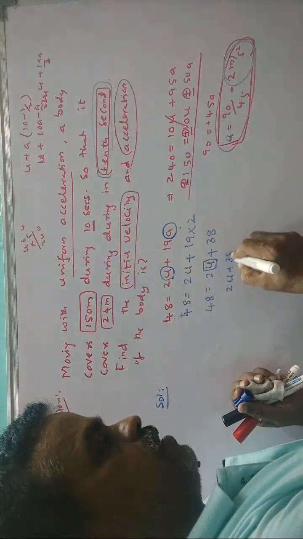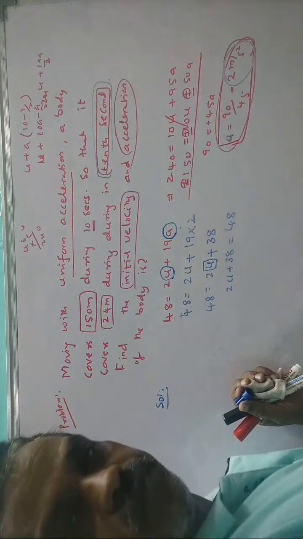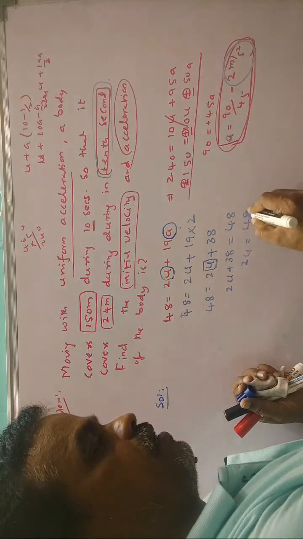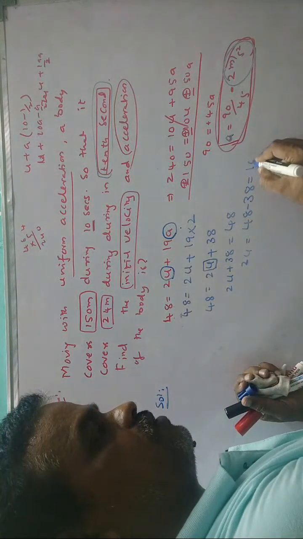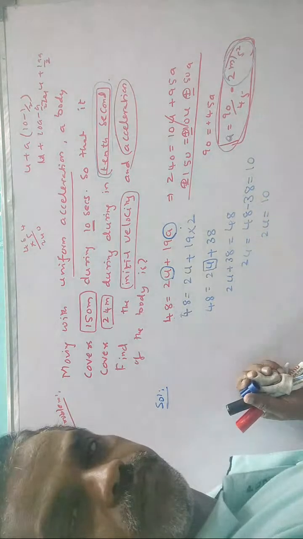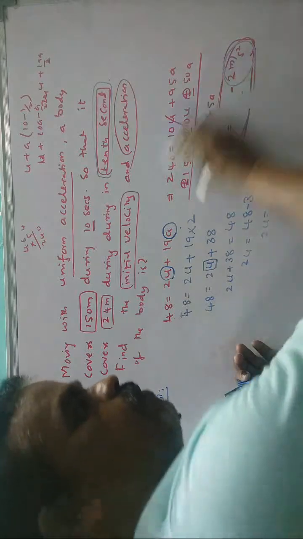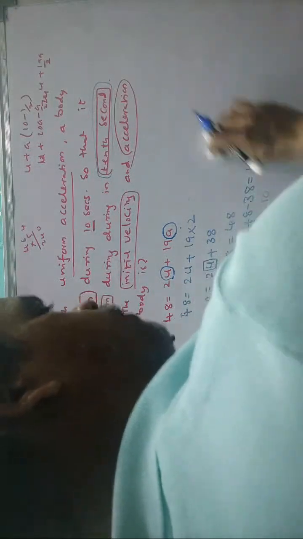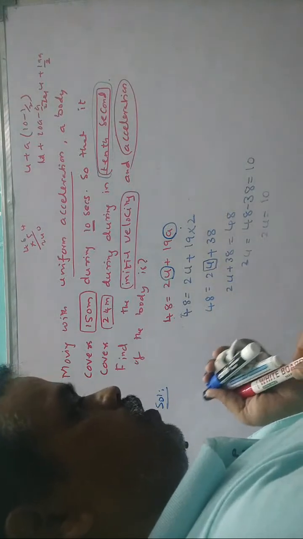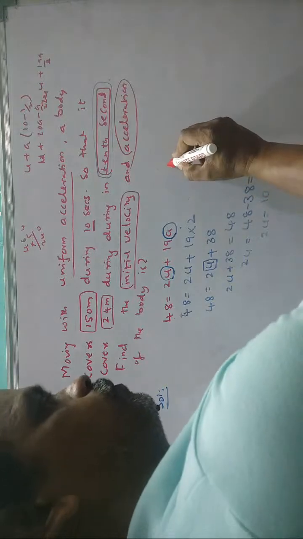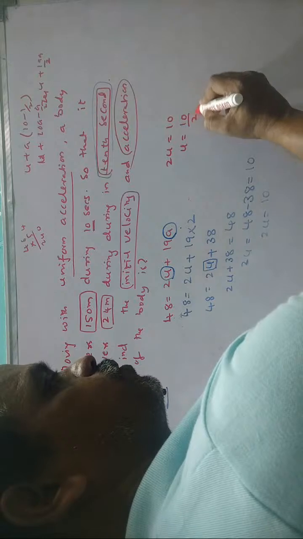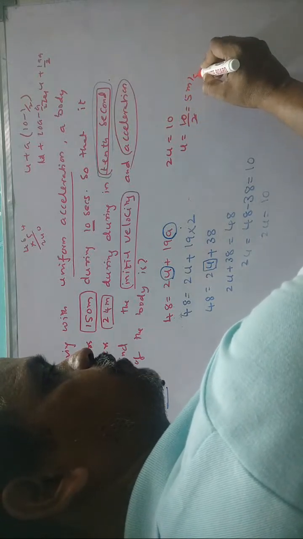2u plus 38 equal to 48. Then 2u equal to 48 minus 38, that is equal to 10. 2u equal to 10, then u equal to 10 by 2, then we will get 5 meter per second.